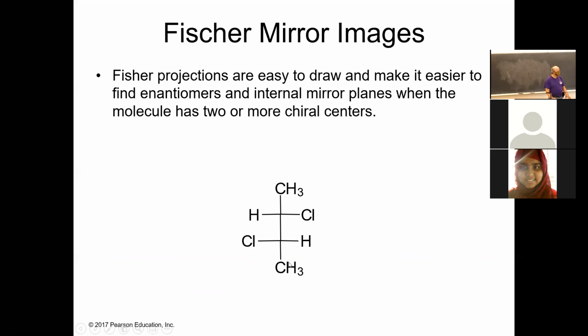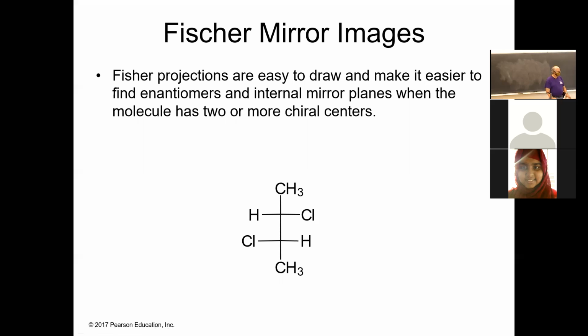Fischer formulas actually make it easy to draw enantiomers or mirror images. So here, in order to get the enantiomer, we have two stereocenters, this one at carbon number 2, this one at 3. And to get the enantiomer, we have to switch both of those.